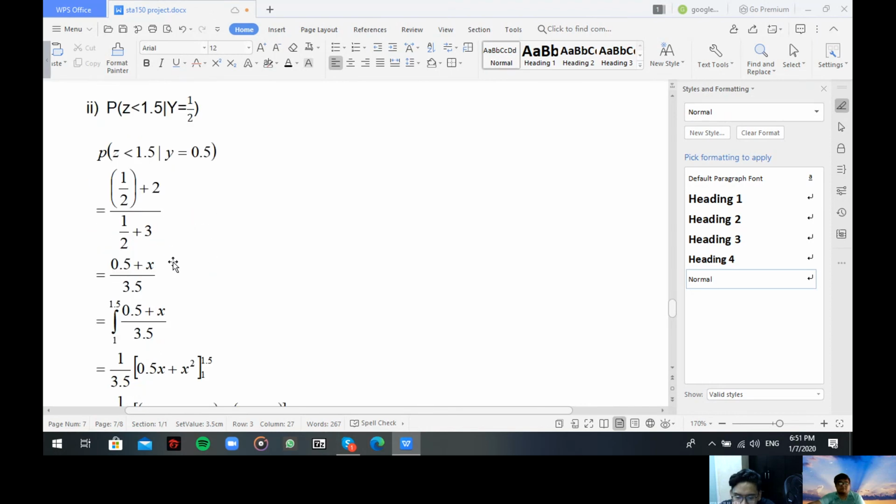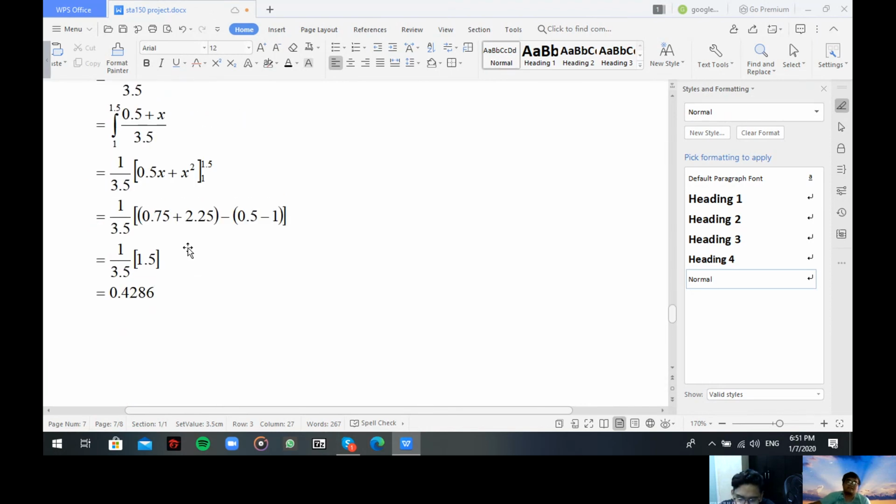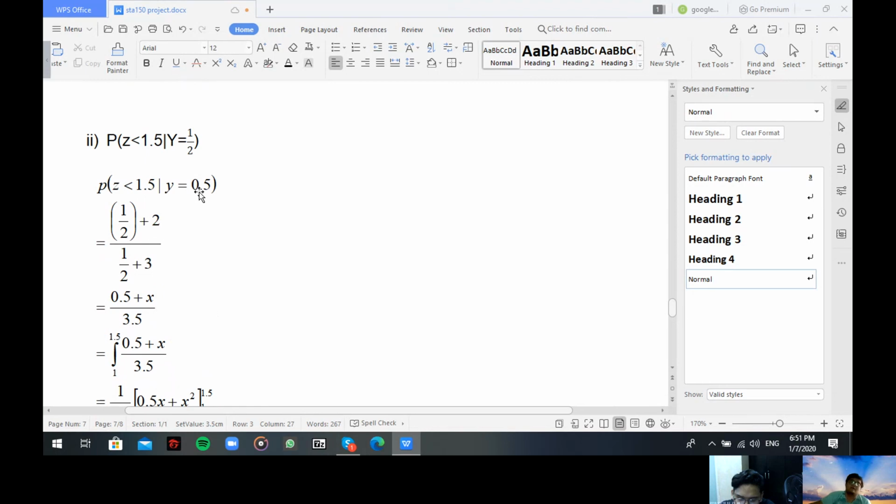And then is it the last question? Yeah, for the last question, you need to know this knowledge, okay? If the question asks for Z less than 1.5, and then the stick, or palang, Y equals 1.2, you need to do the Y first, because it is equals, you don't need to integrate, you just change the value of Y into 1.2 and 1 over 2.